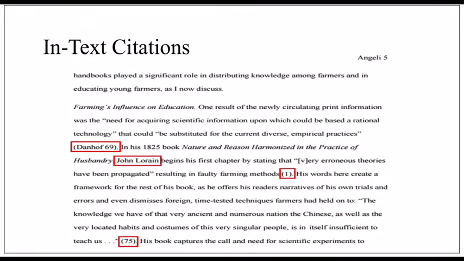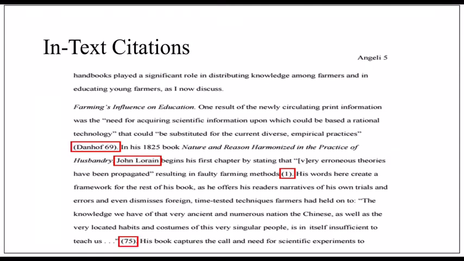So in this paper, we've got this guy, Dan Hoff, who wrote, and I can tell you by looking at this, this is a book. On page 6, there's this quote. It's a split quote, and it's not just a big floating or orphan quote that's jammed in the middle of the paper with no explanation.